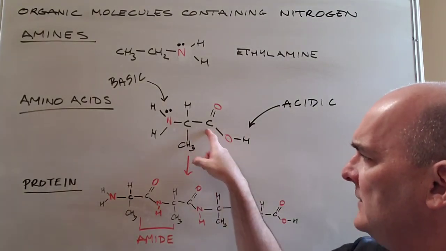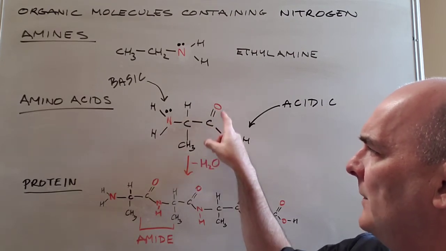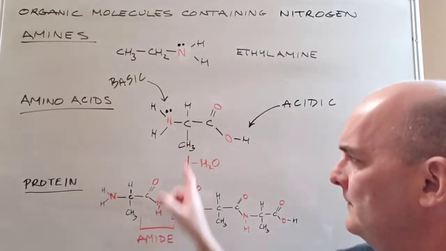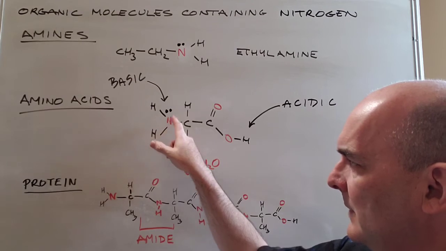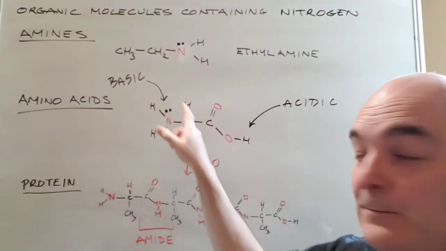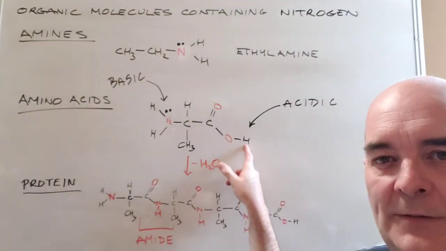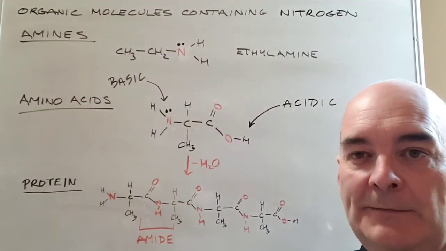And then at the end, we have a carboxylic acid, a carbonyl alcohol. Well, it turns out that this end of the molecule, because it contains a lone pair of electrons on a nitrogen, is basic. And this end of the molecule, because it contains a hydrogen directly attached to an electronegative atom, is acidic.